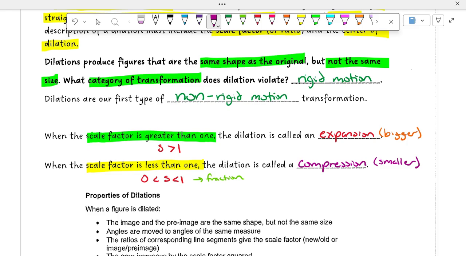What is that you wrote under scale factor is less than 1? 0 is less than S, which is less than 1. It just means between 0 and 1. So in layman's terms, any number between 0 and 1 is a fraction. Like a true fraction, numerator smaller than denominator.